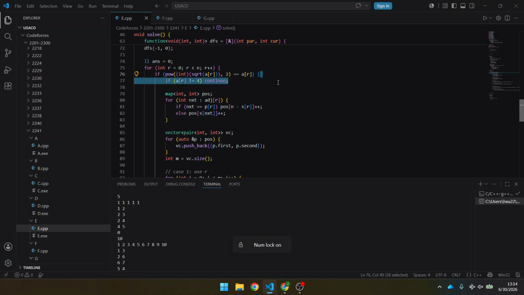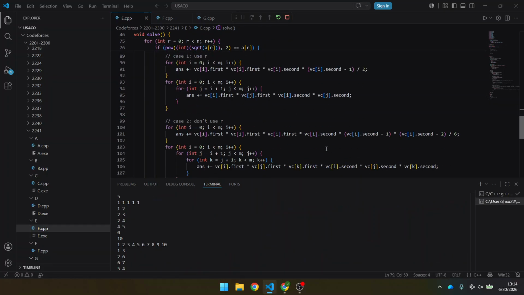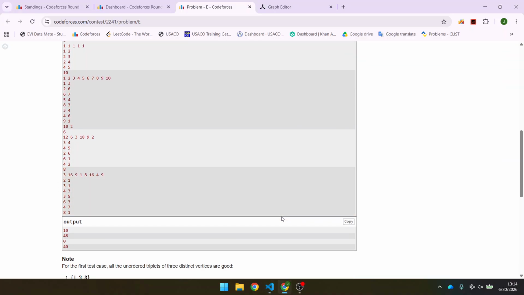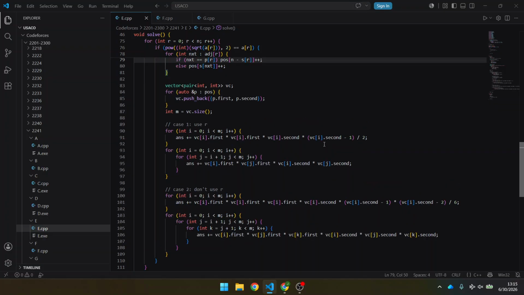Oh, got to remove this. 35, 32, 8. So we're missing something?